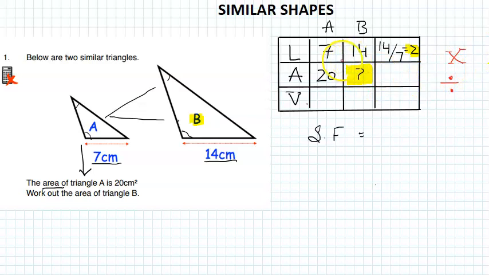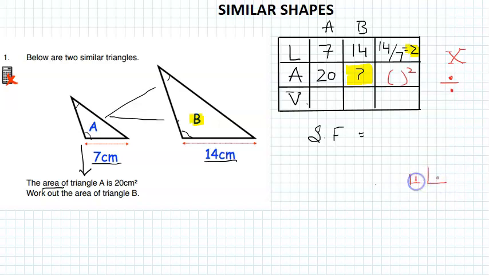There is another thing, also, for the area. When you multiply or divide by the scaling factor, you have to square it. For example, this is 1 and this is 1, this is 2 and 2.